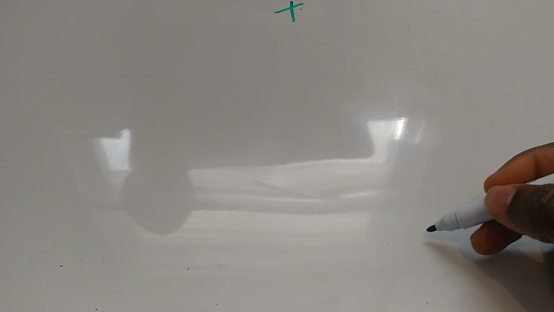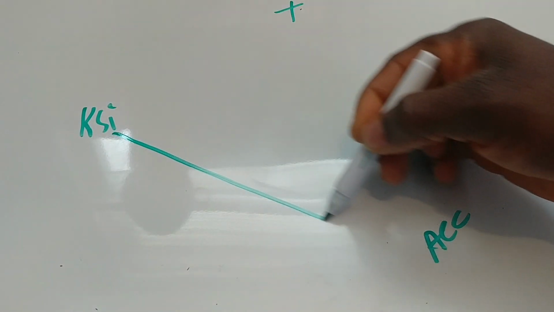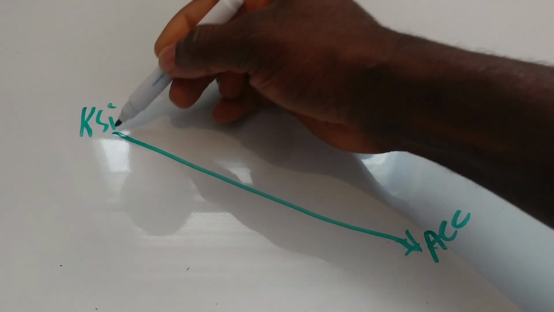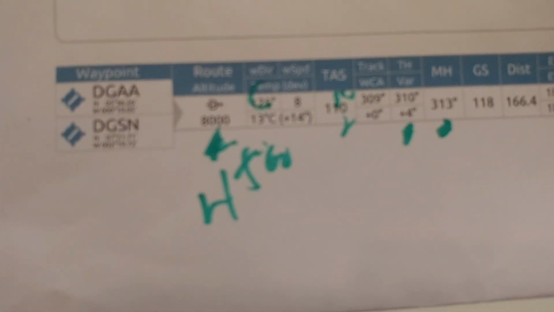we have our cardinal point here, and we have point ACC, which is Accra. And today, let me use Kumasi as an example. Kumasi, see what I'm saying? So from Accra to Kumasi, we pull out the chart, and on the chart, it gives us every piece of information that we're going to need, including our magnetic heading and our true course.